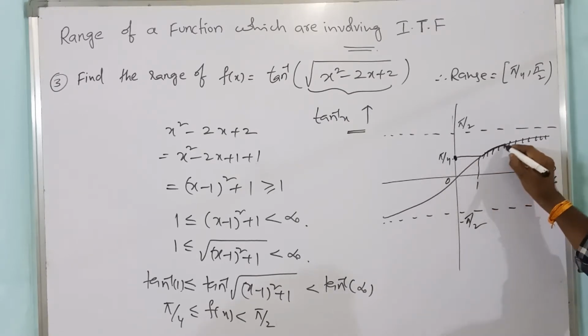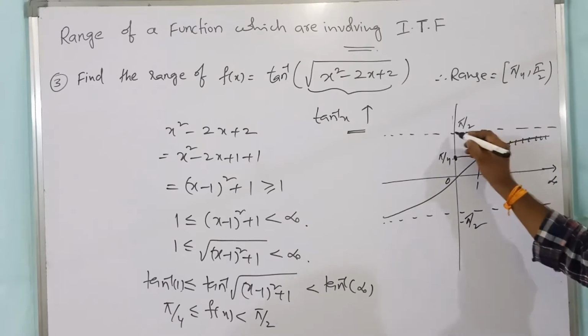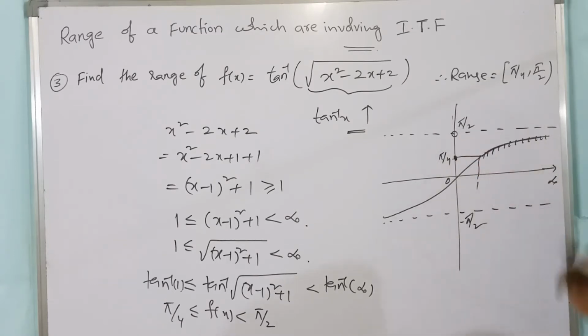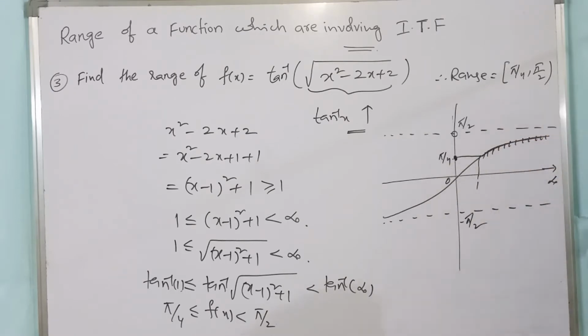So this graph lies between which two values? Pi by 4 to pi by 2, right? These are y values. So that's why here an open circle, because at pi by 2 it does not exist. So the range is what? Closed interval pi by 4 to pi by 2. Like this you can easily identify it by the graph.